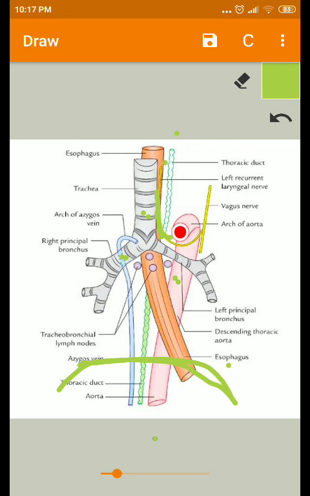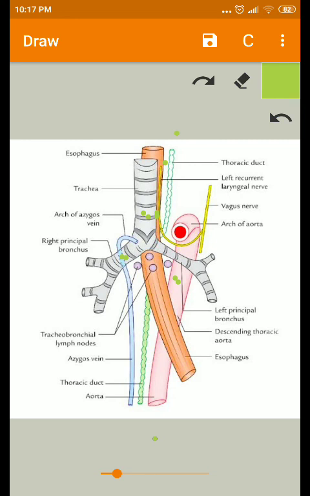And pressure on the intercostal nerves, which give rise to pain in the area supplied by them, causes neuralgia. And also pressure on the vertebral column may cause erosion of the vertebral bodies. So these are the group of symptoms of mediastinal syndrome.